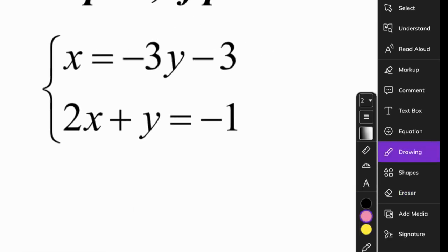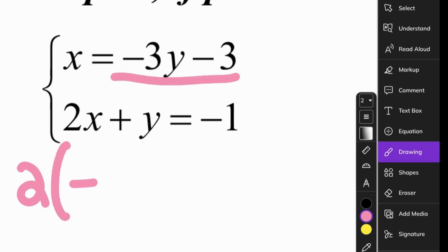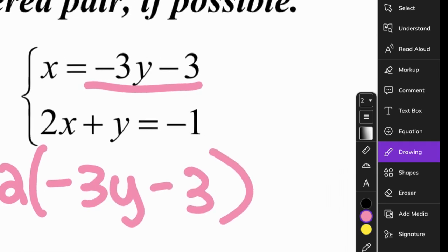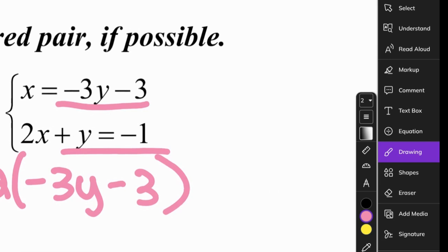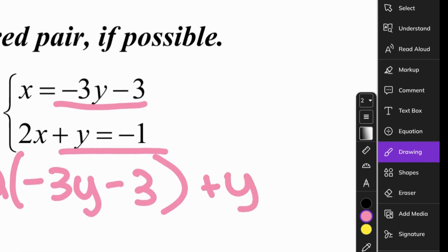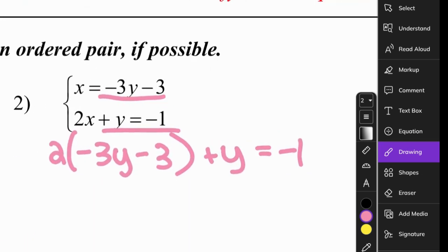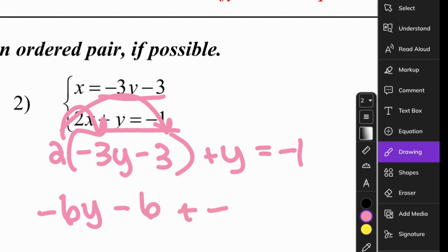So for here we would do 2, then parentheses, we plug this in, negative 3y minus 3, and we do the rest of the second equation, so we have plus y equals negative 1. Then distribute this 2: negative 6y, negative 6 plus y equals negative 1.